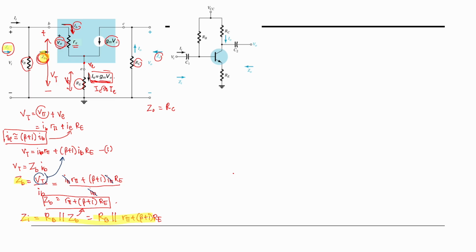But usually output impedance does not include the RL because RL usually comes after the output impedance. If the output impedance is after the RL, then you have to consider the RL. But usually Z out is only RC.